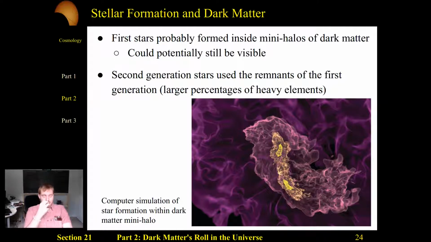Now, one awesome thing is that the very first generation of stars may still be visible in the cosmos. Those first stars would have been just massive enough for fusion to ignite, but not too massive. And remember, the lower the mass of the star, the longer it will live. And so there is potential for us to actually observe first generation stars still out there.